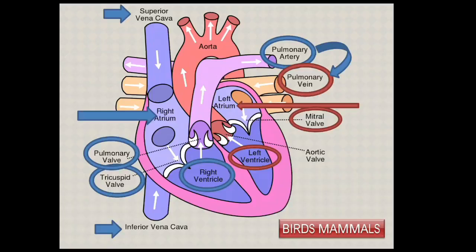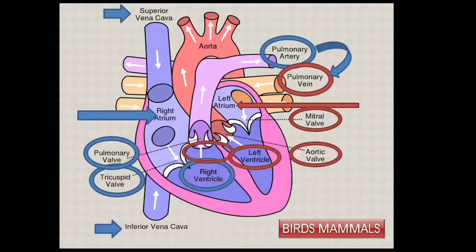So this is the course of circulation in the case of birds and mammals. Now students, ultimately it is the oxygenated blood which is going into the body and the head parts.